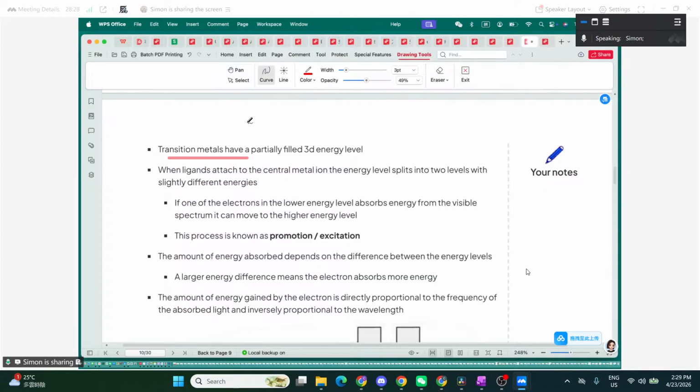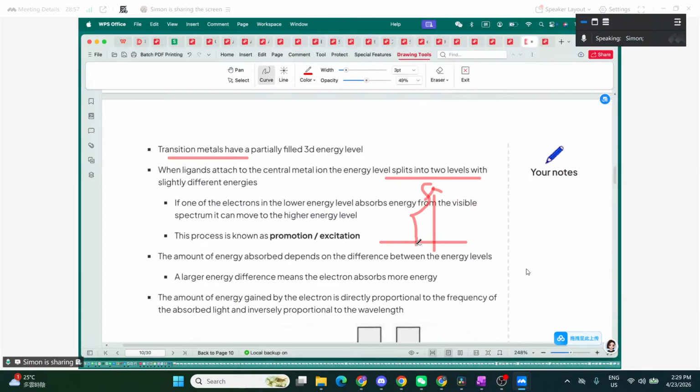This process, from the lower level to the higher level, we call promotion or excitation, right? And the spectrum we call the absorption spectrum.